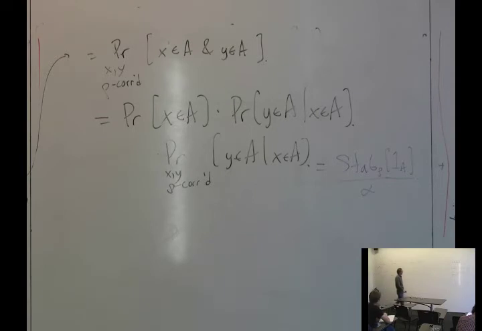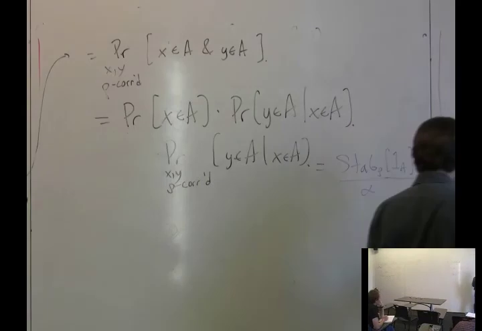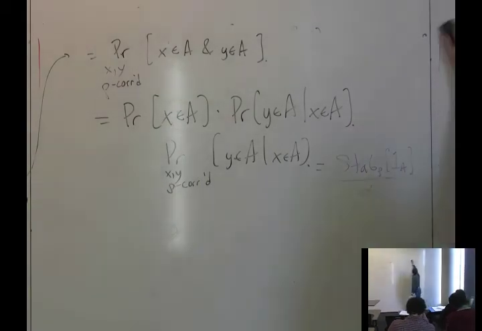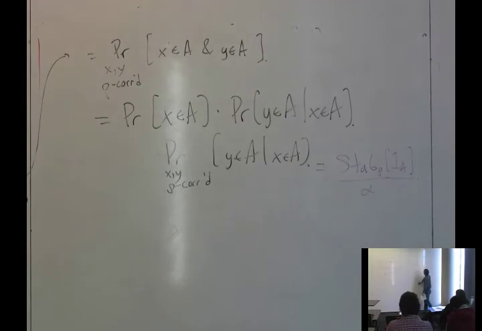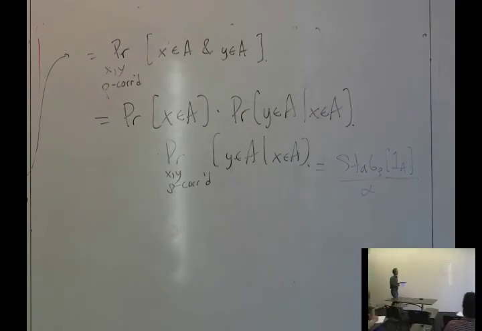And this kind of measures, in some ways, the size of the boundary of this set A, but not in the usual hypercube, but in some kind of noisy version of the hypercube where the edges are like long distance edges rather than just Hamming distance 1 edges.